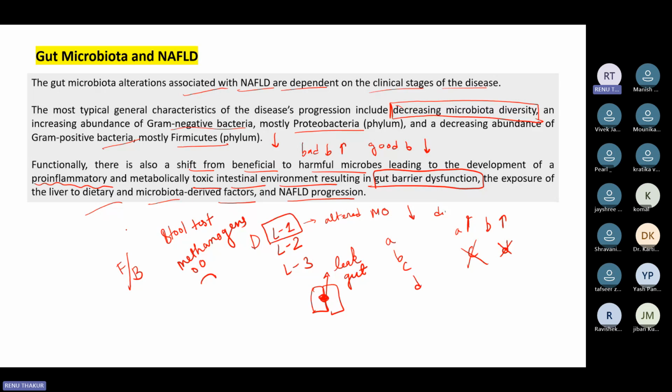So if you are altering their composition, if you are increasing the composition of bad bacteria and decreasing the composition of good bacteria, then you can have NAFLD, because all these things are related to diet, and bad bacteria are initiating the inflammatory responses. So this was about how gut microbiota is associated with NAFLD.